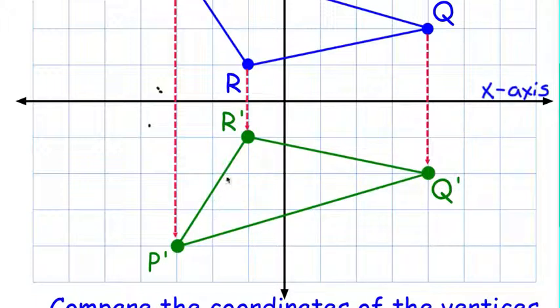Where they go all depends on where they are in relation to the line of reflection. In this case, this is, in my mind, super easy because all I have to do is count. 1, 2 away from the line of reflection. So then I just have to go down 1, 2. This is 1 spot away from that line, so I go down 1 spot away from that line.